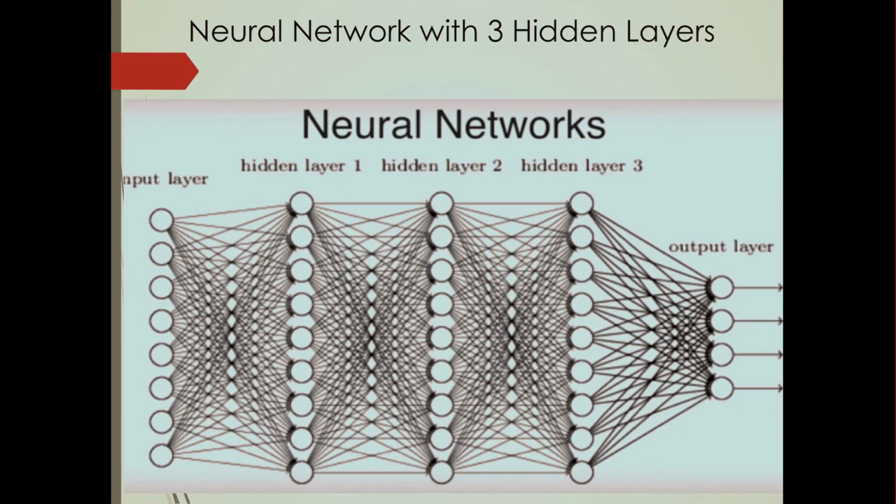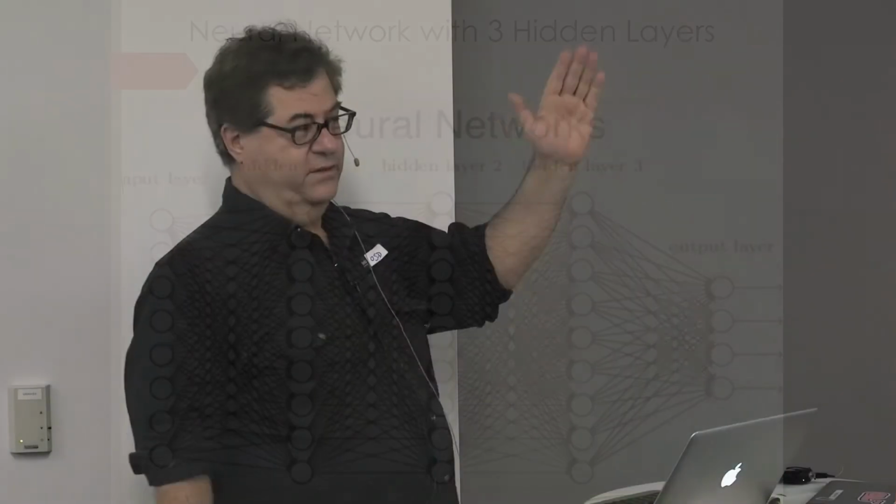On the left, you provide a vector of numbers, and they get propagated through these hidden layers, which of course require having numbers in there as well, which aren't labeled. And then at the end, something comes out. So you might be asking, how do I choose how many hidden layers? That's not obvious, because it's a hyperparameter.